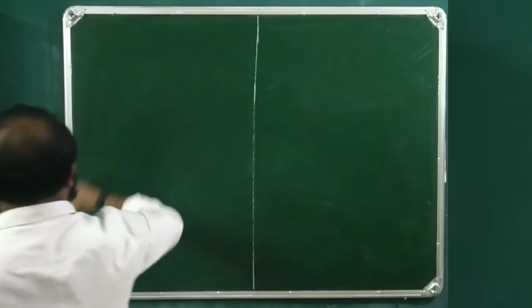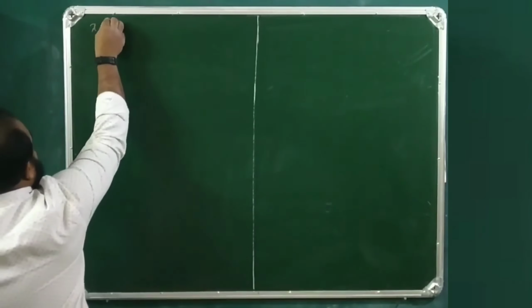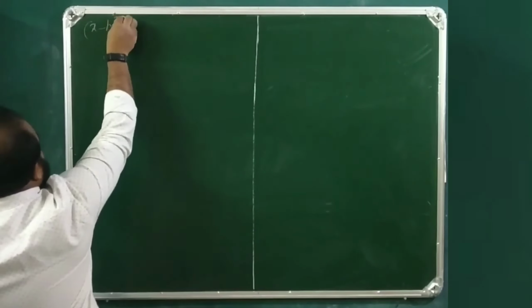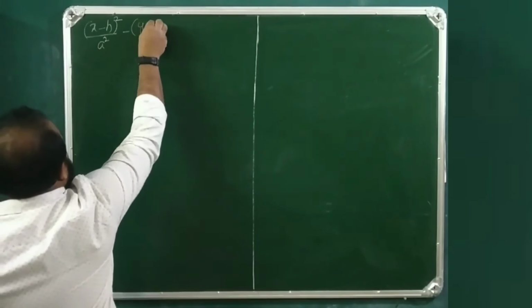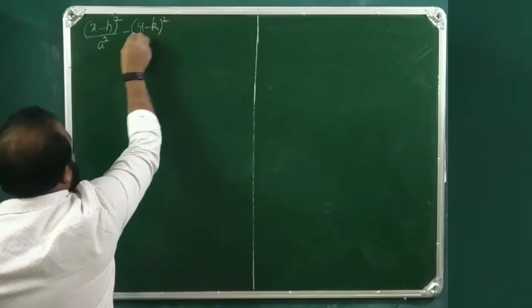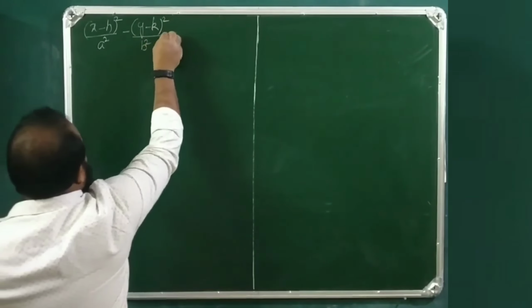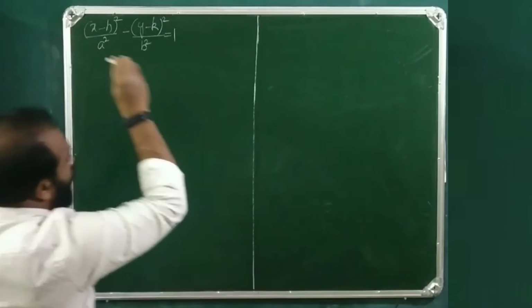Then it is x minus h whole square by a square minus y minus k whole square by b square equals 1.